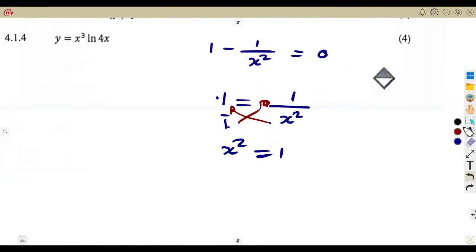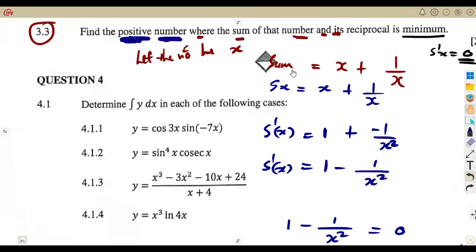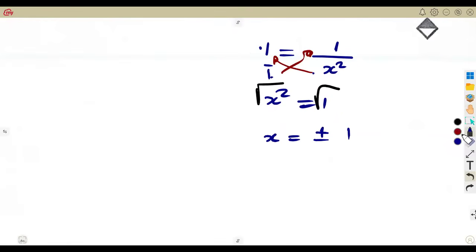So to determine your x, just introduce the square root, knowing that the square root of any number is plus or minus. But they specified that the number that we're talking about is what? Find the positive number, the positive one. There are two answers there. Which one is positive? That is the one that we need. So therefore, the number was going to be 1, the positive.